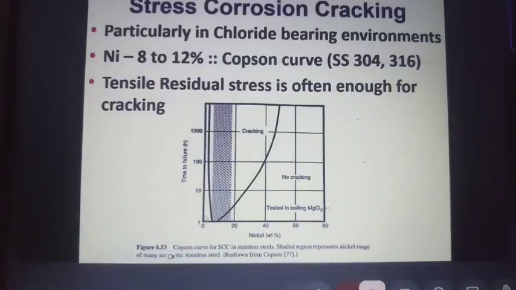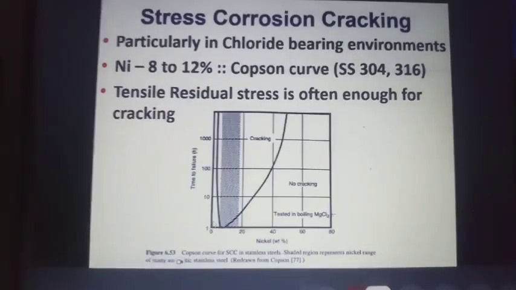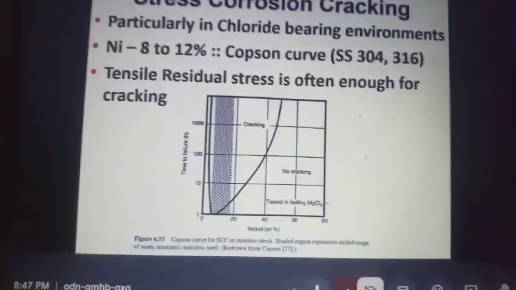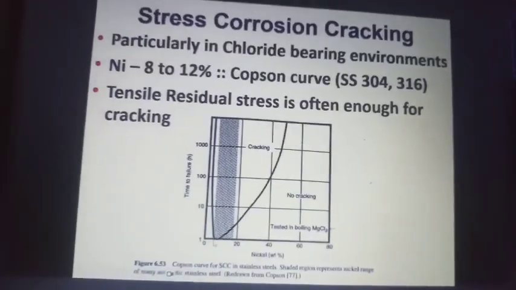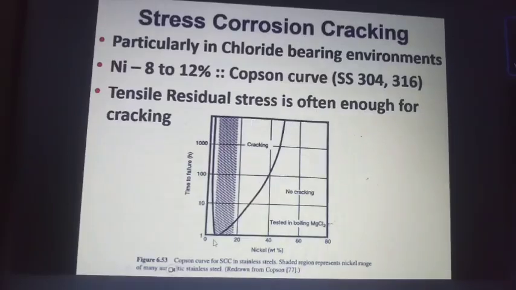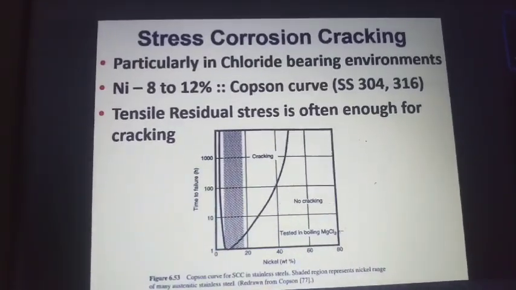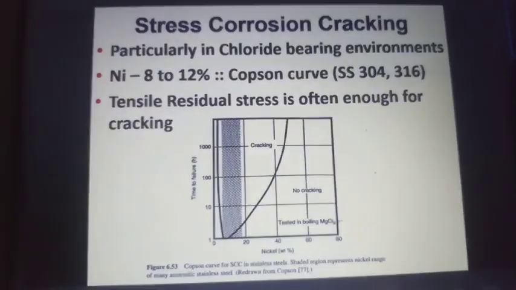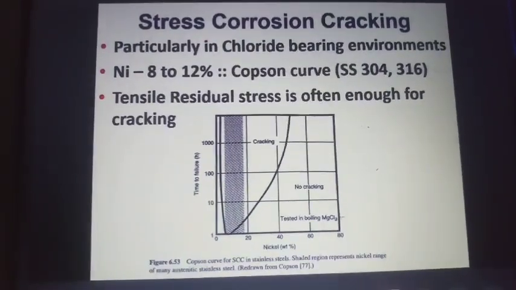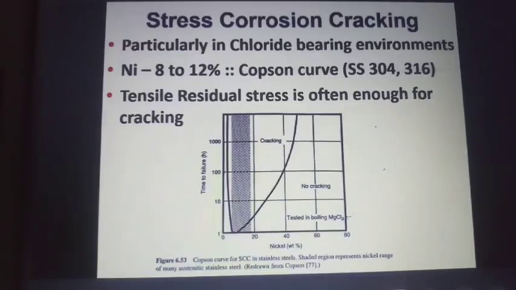They improved the chloride SCC resistance compared to austenitic stainless steel by reducing the nickel. Once they reduced the nickel, they added nitrogen. So you have a combination of nickel plus nitrogen on one side, and chromium and moly on the other side. So you have an austenite stabilizer on one side and a ferrite stabilizer, and you get a 50-50 phase balance. So you get duplex stainless steel, dual phase stainless steel.